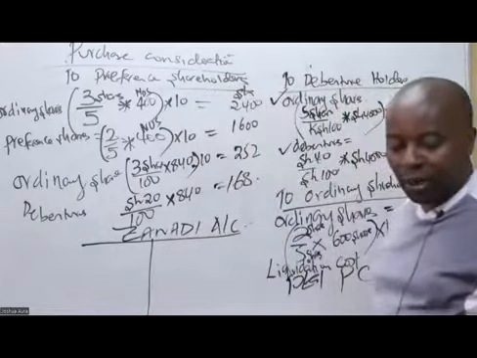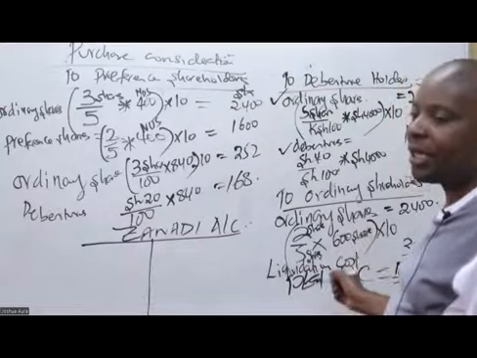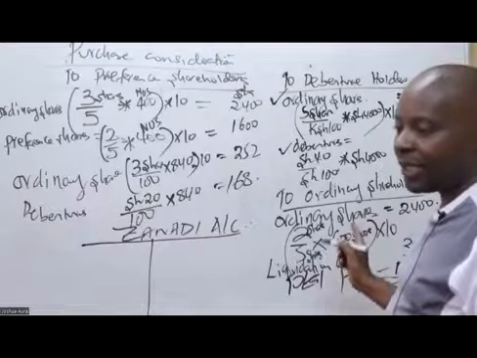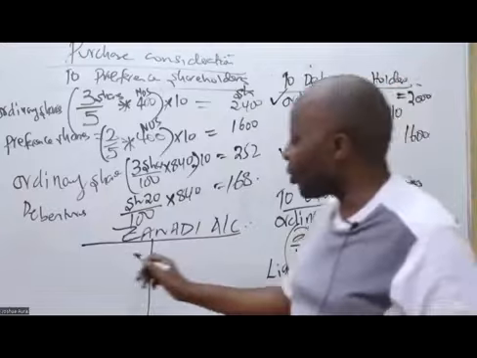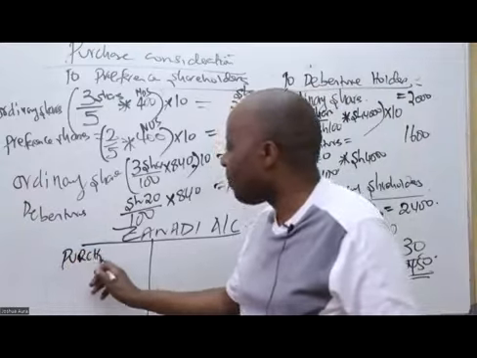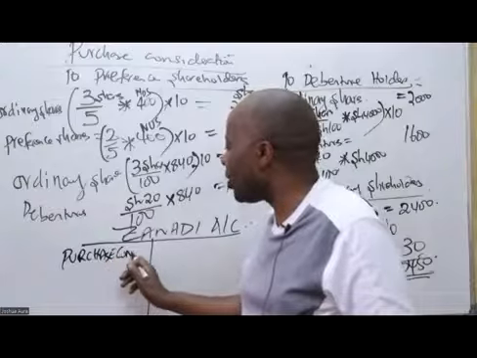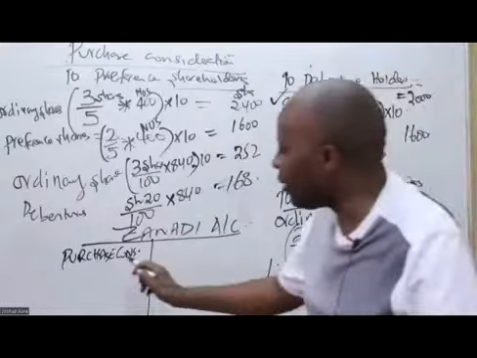So then in the Zawadi account, what do we have? We have the total purchase consideration. Bring it here. This purchase consideration is 10,450.